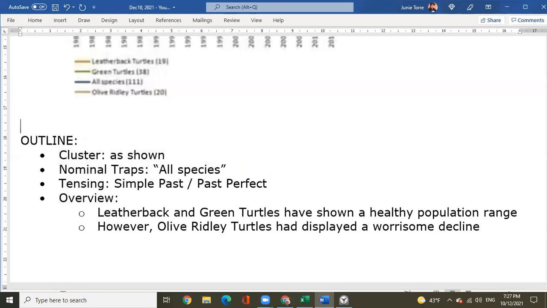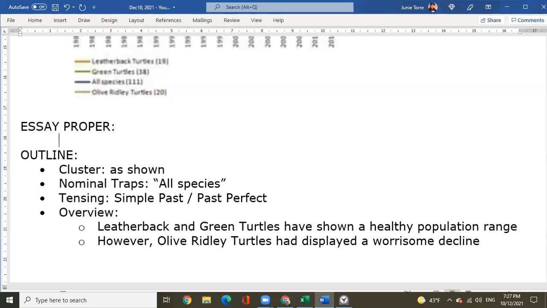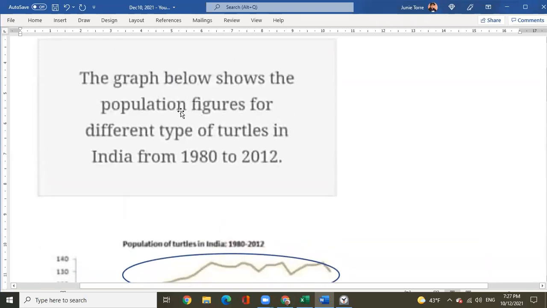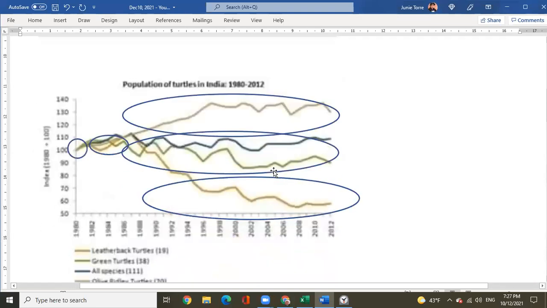And so it's now time to write the essay. The essay proper. The introduction is just a rephrase of this. The graph below shows population figures for different types of turtles.